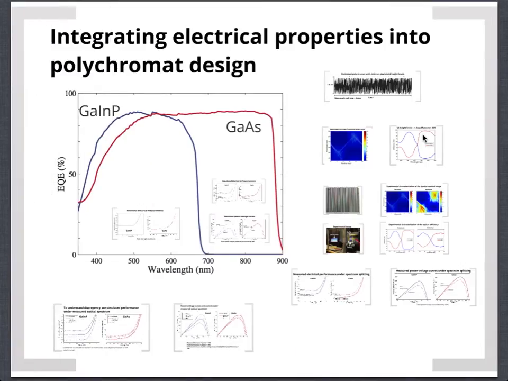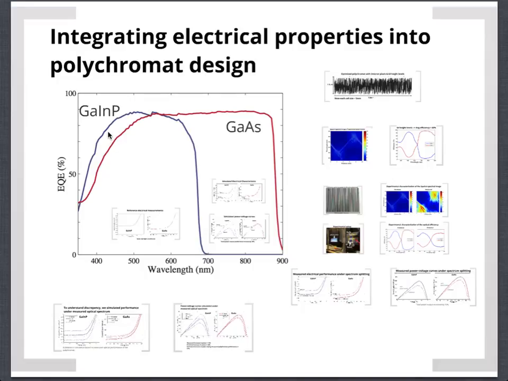That depends on these external quantum efficiency curves. External quantum efficiency is the number of electron hole pairs generated relative to the number of photons absorbed.